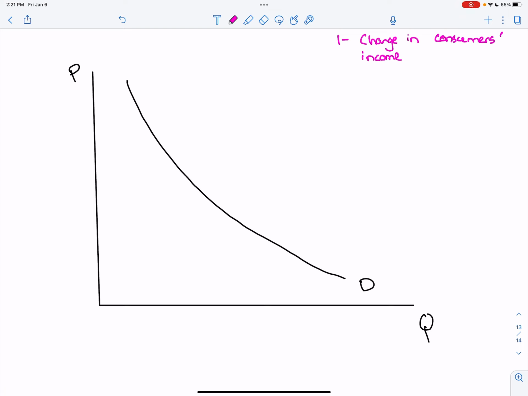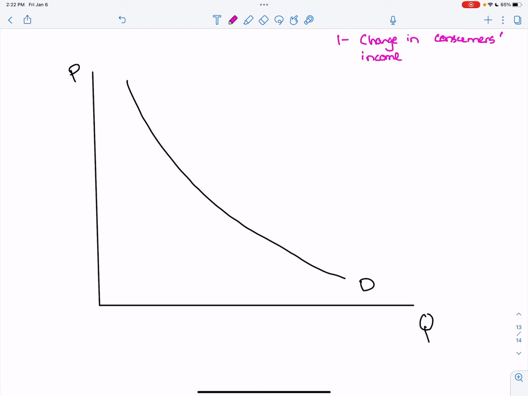Can't we come to the same conclusion if the running shoes cost $150 or $175 or $200? I think the answer is yes. No matter how much the running shoes cost, quantity demanded of those running shoes will decrease when consumers' income decreases.